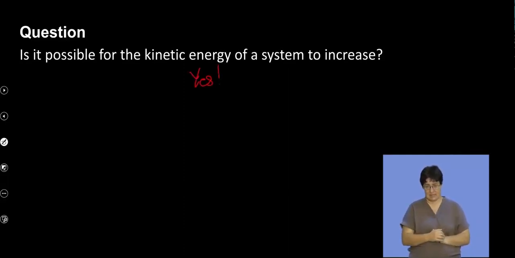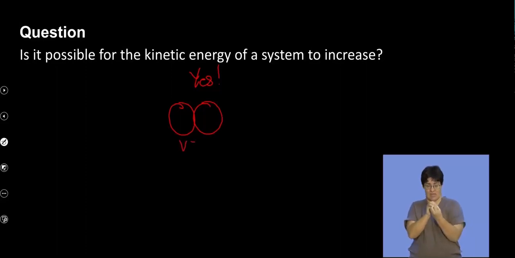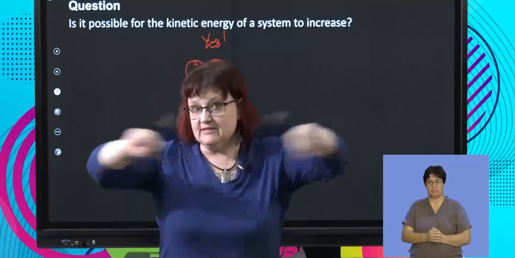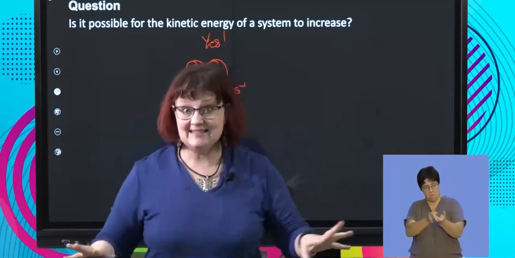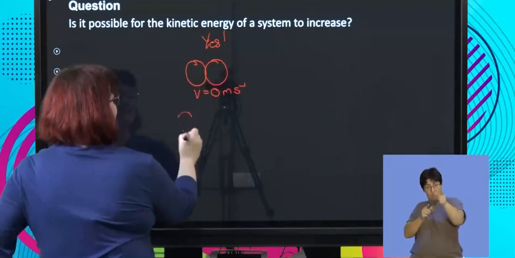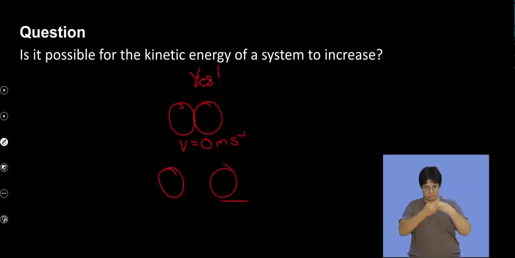okay? If we have two objects that are together, so they're stationary together, this initial velocity is 0. So at the moment, this system has no kinetic energy. If I now exert a force on them, so say I push down on them or there's a spring between them, and I let that go, and now the two objects go off in a different direction, so they split. What happens now?